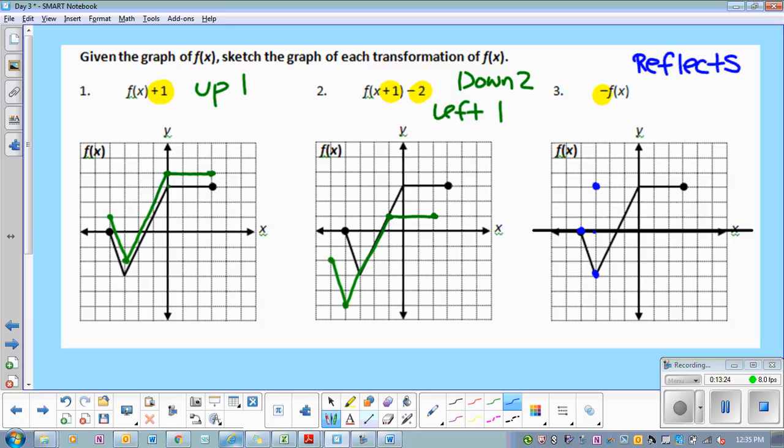Yeah? And then the next one is this guy. I'm going to use a different color here. That one. Since it's up 3 right now, what do I need to do with it to flip it? Move it down 3. 1, 2, 3. Does that make sense?